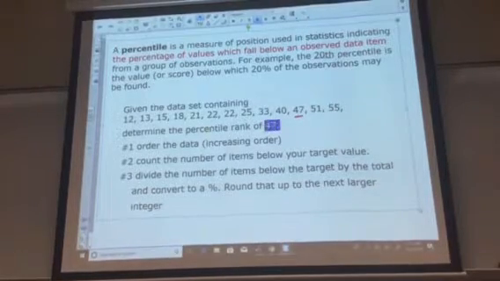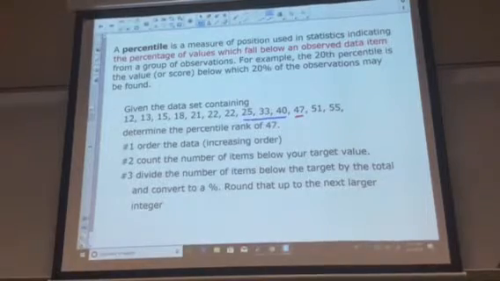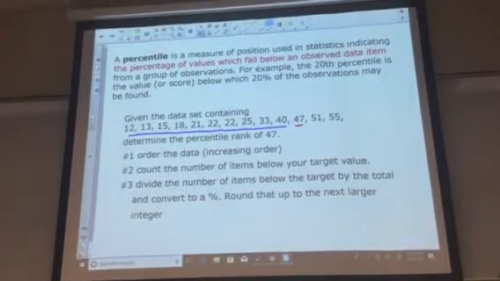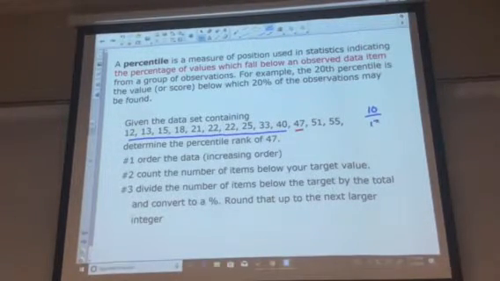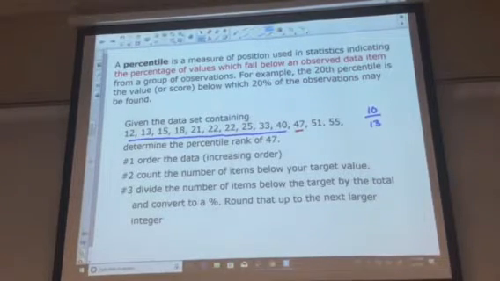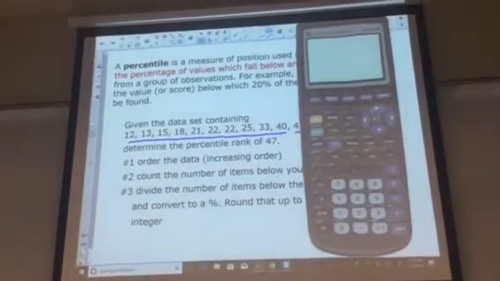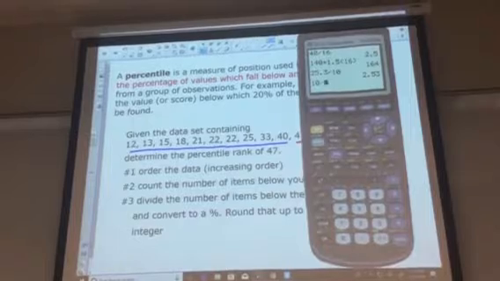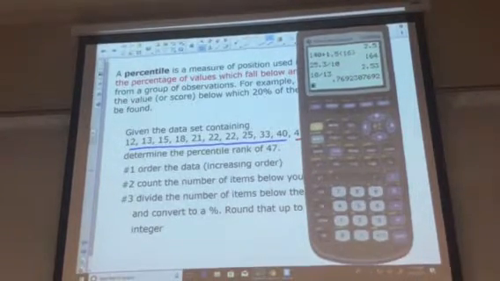So, 1, 2, 3, 4, 5, 6, 7, 8, 9, 10. 10 values out of the 13 values are below a particular score. 10 out of 13 gives me a large decimal.